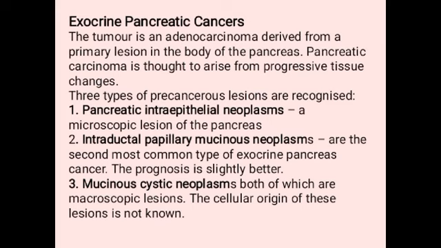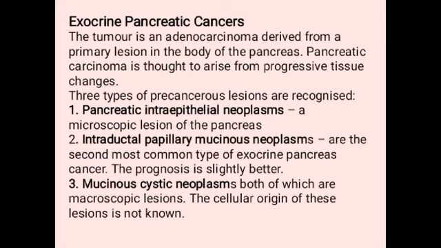There's also intraductal papillary mucinous neoplasm. This one is said to be the second most common type of exocrine pancreatic cancer. It is the cancer of the ducts of the pancreas that invades the duct, and at the end of the day it may lead to the obstruction of this duct, which carries the pancreatic juice. And also we have the mucinous cystic neoplasm. In this case we are talking about macroscopic lesions.